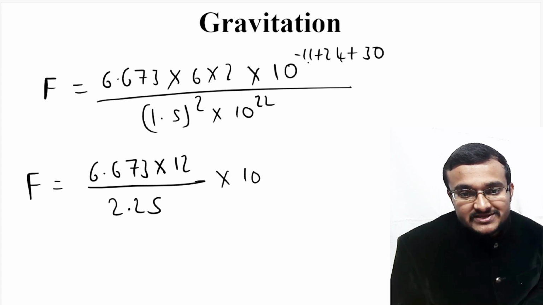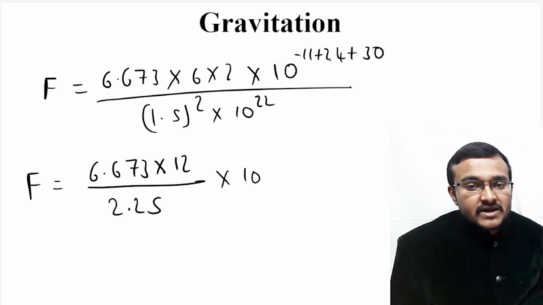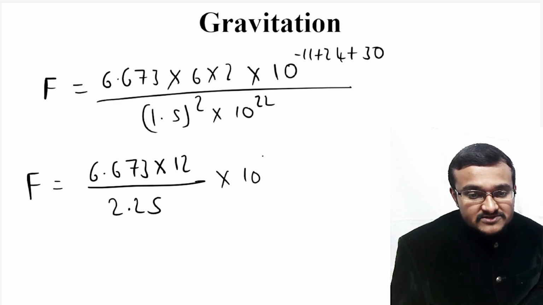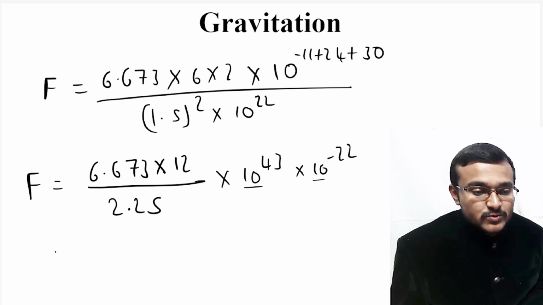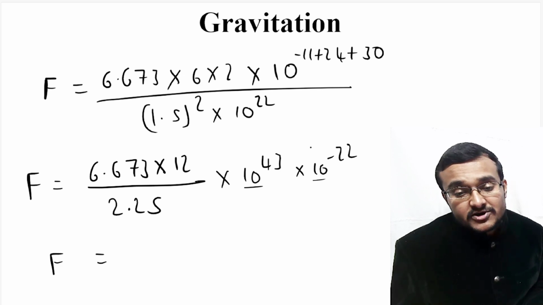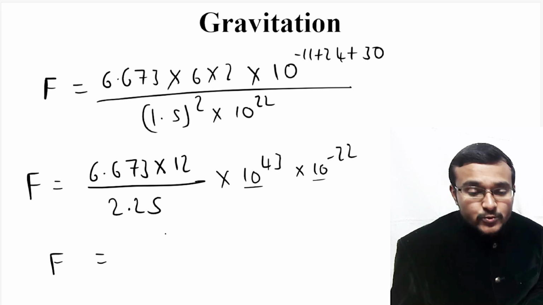So if you solve this, minus 11 plus 24 will be plus 13, plus 13 plus 30 will be plus 43 into 10 power minus 22. Here also bases are same, so you can add the exponents. So 43 minus 22 is 21.